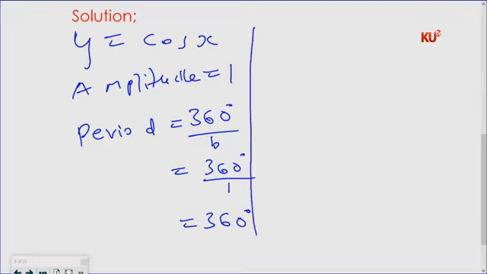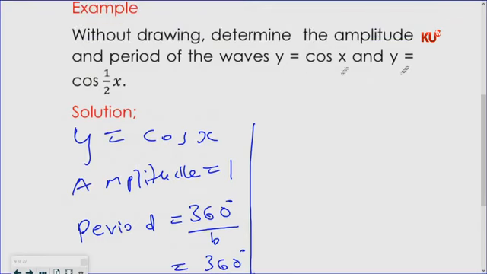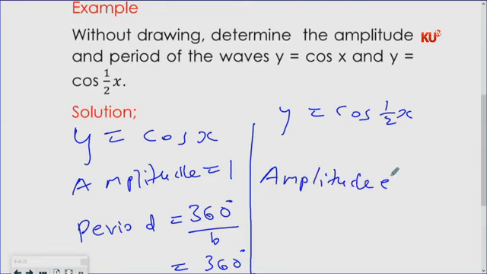Let's look at the second wave, where you are told y is equal to cos a half x. Let's get the amplitude, Lana. For the amplitude, you just need to look at the coefficient of cos, which here is 1.